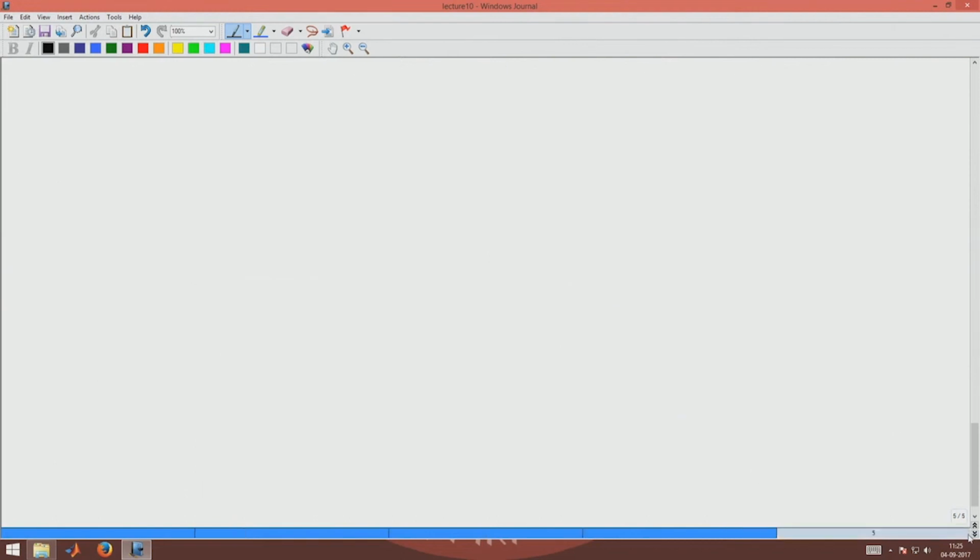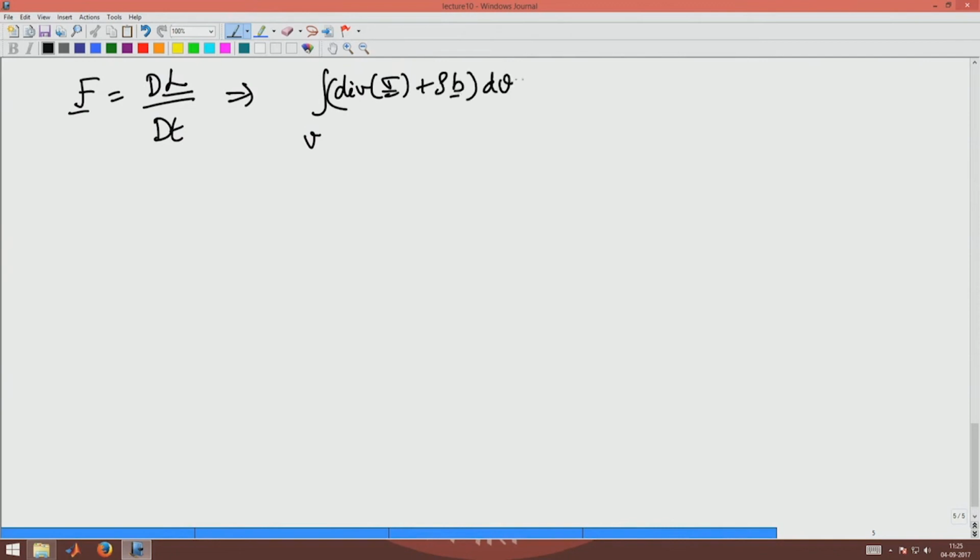So, next we will use that fact: F in magnitude and direction should be equal to dl by dt, which will imply that integral over V of divergence of sigma plus rho b dV must be equal to integral of rho a dV, where a is the acceleration. Now I can rewrite this equation as integral over V of divergence of sigma plus rho times b minus a dV equal to 0.